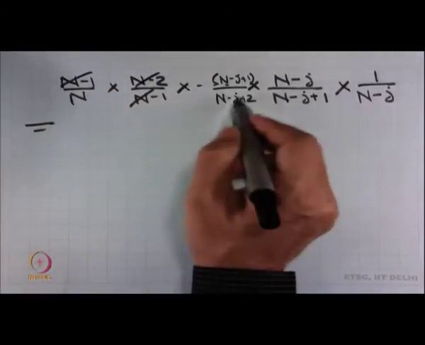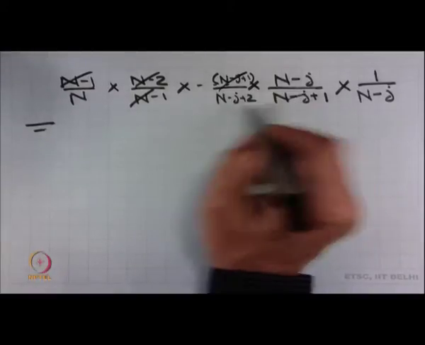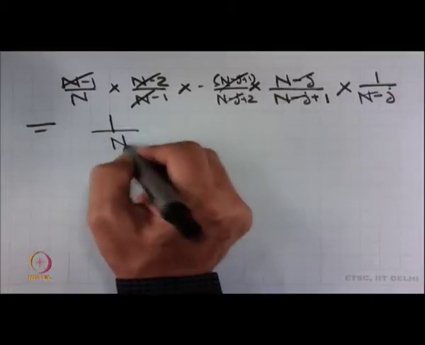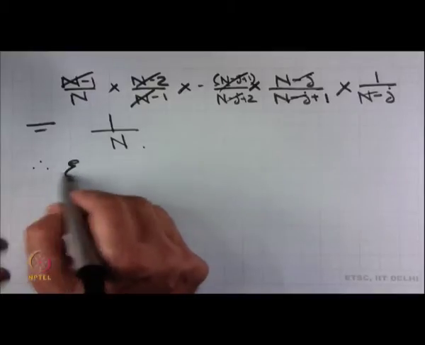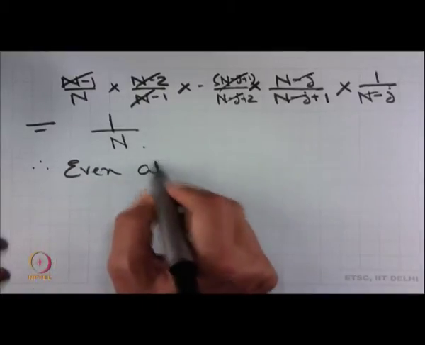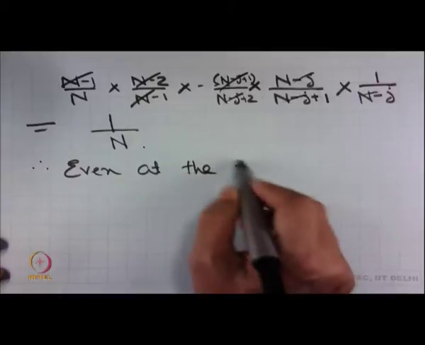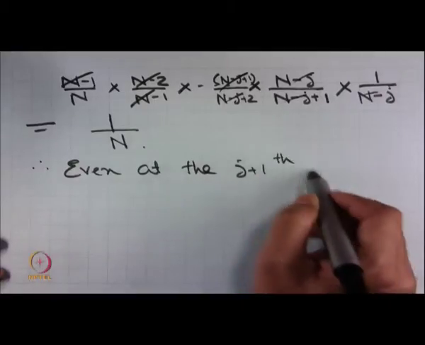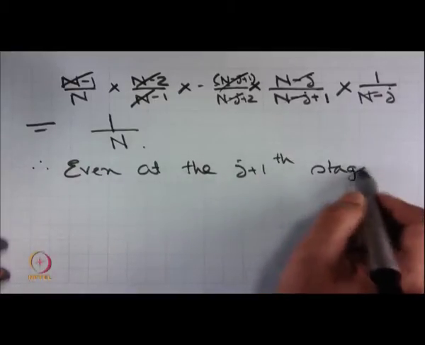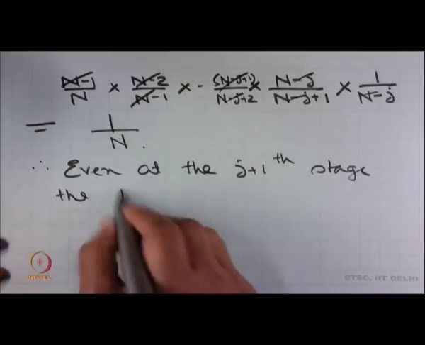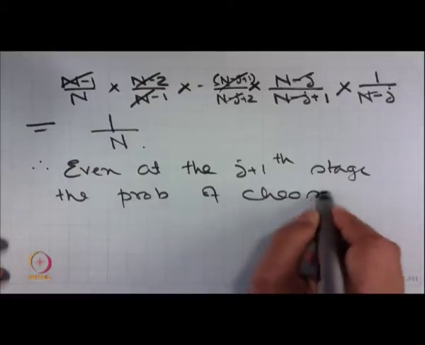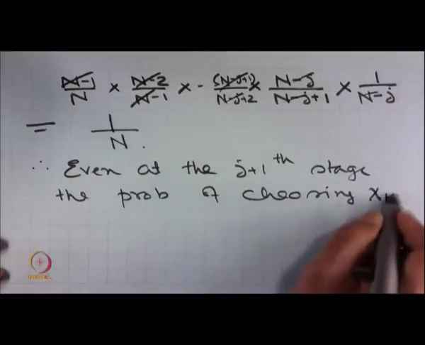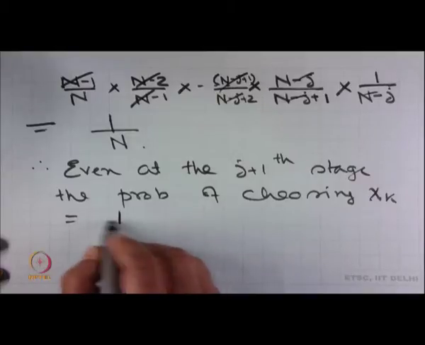These terms cancel each other, and what we are left with is 1 upon n. Therefore, even at the j plus 1th stage, the probability of choosing x k is equal to 1 upon n.